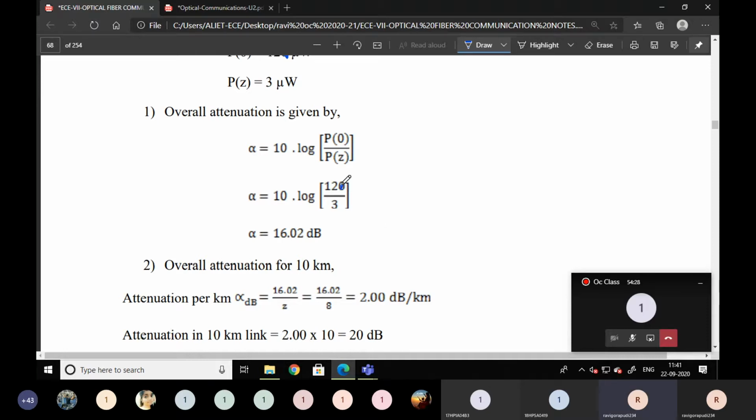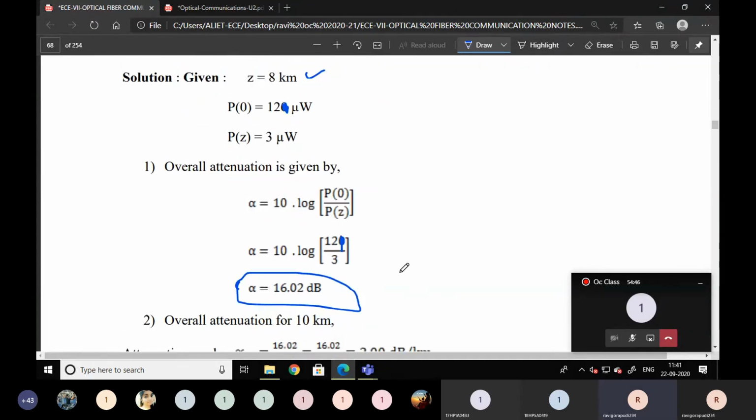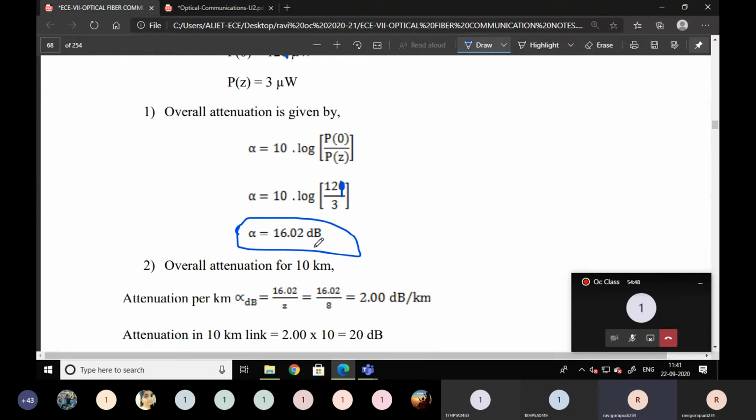Maybe this is 12, I think. 12 by 3. You can check this answer, all of you. So the mistake has taken 12. If it is 12 or 120, you can see that and modify according to the result. At which value you will get 16.02, you can take that value only. If it is 120, you can take 120. If it is 12, you can take 12.